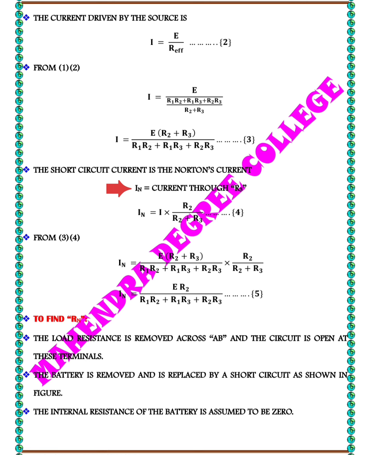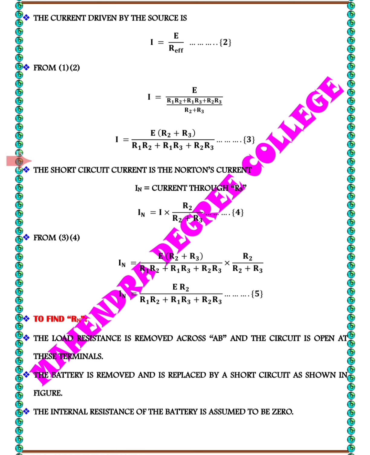IN equals the current through R3, meaning Norton's current formula IN equals I into R2 by (R2 plus R3). This is equation number 4.